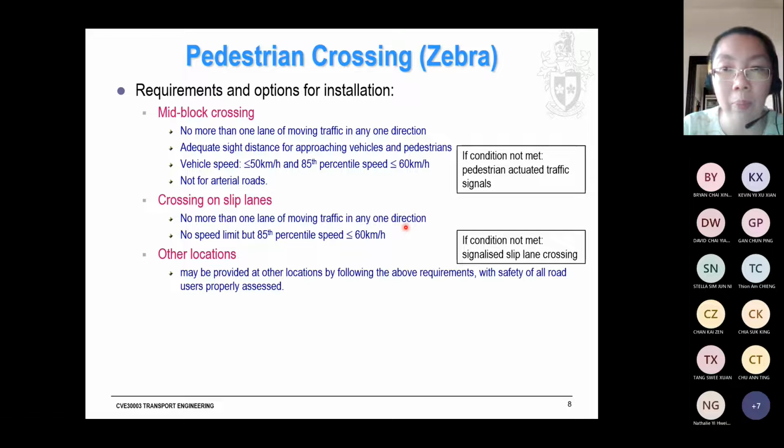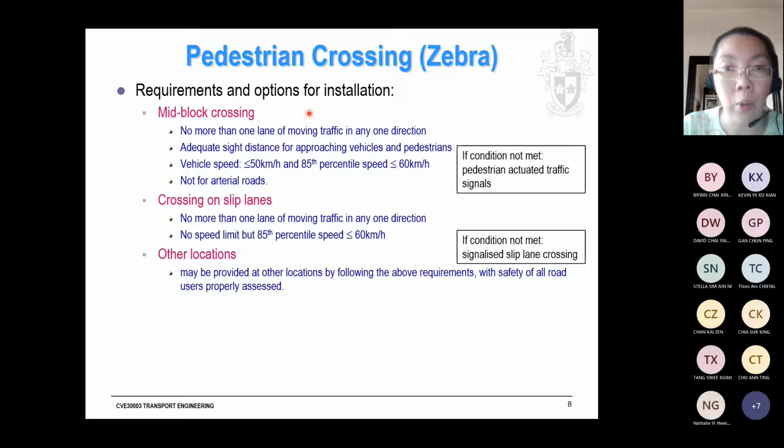So you can only provide a zebra crossing if you are crossing across one lane in any direction, just one direction. Or it may be provided at other locations following the above requirements, with safety of all road users properly addressed.